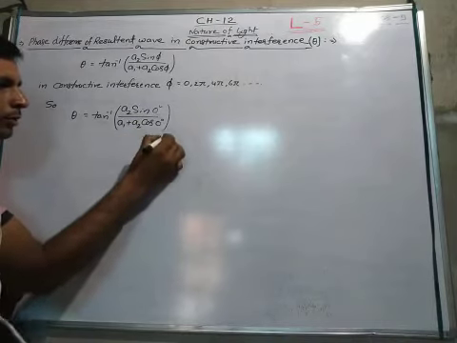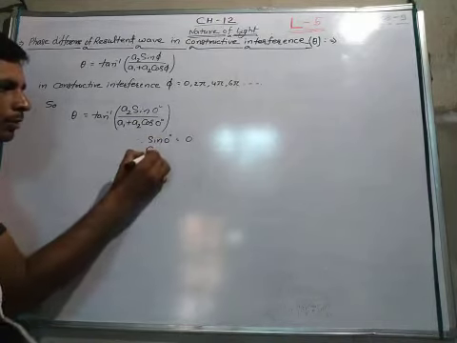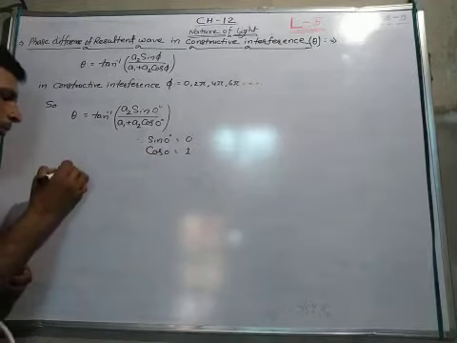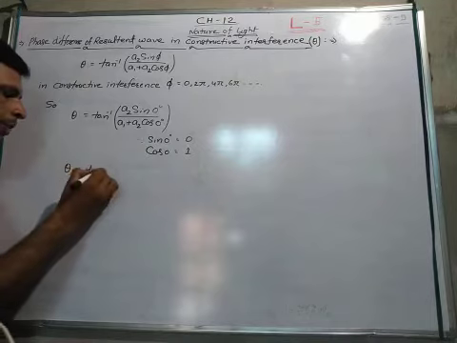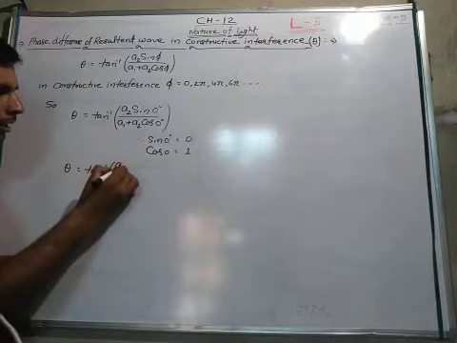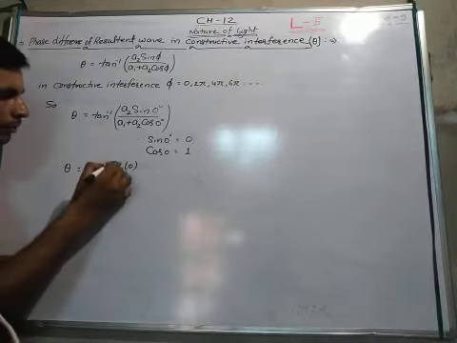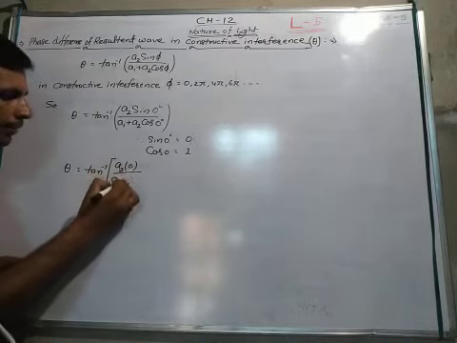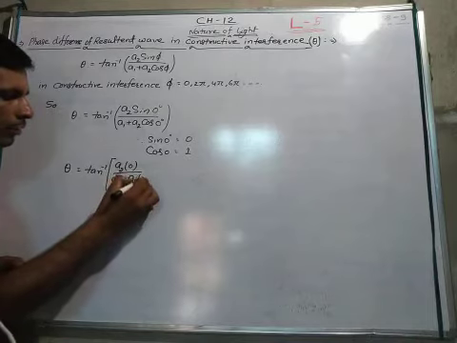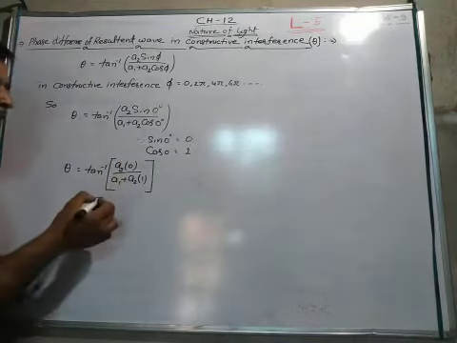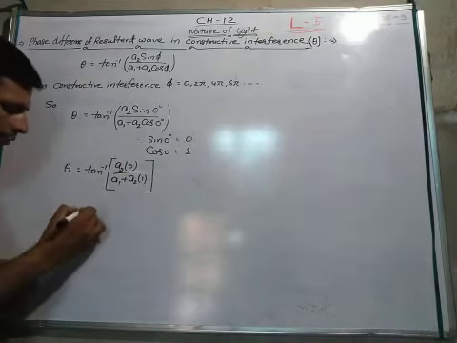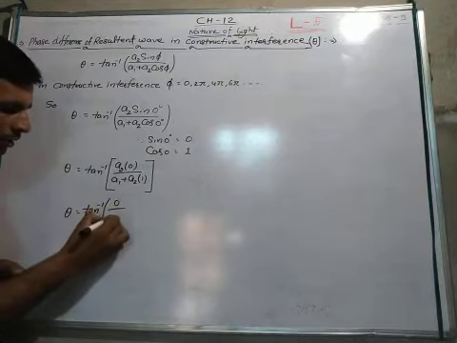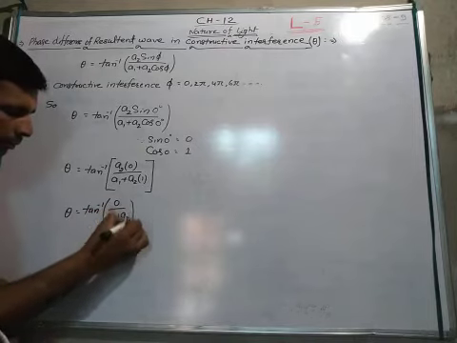Sin 0 is equal to 0, but cos 0 is equal to 1. So theta is equal to tan inverse of A2 into 0 upon A1 plus A2 into 1. Then theta is equal to tan inverse of 0 upon A1 plus A2.